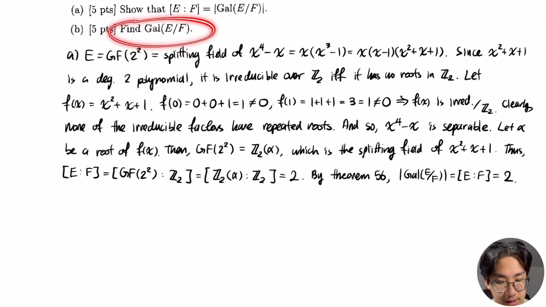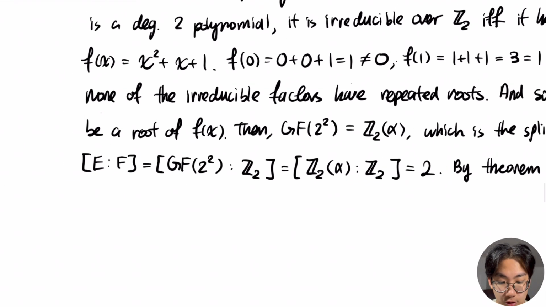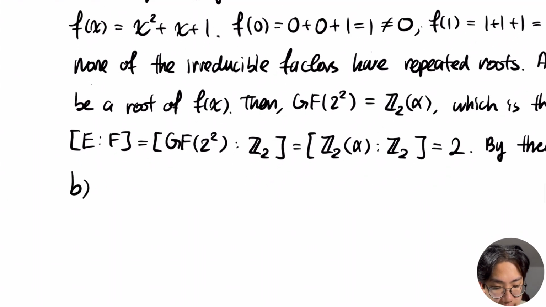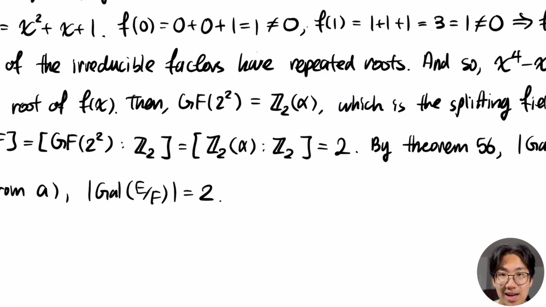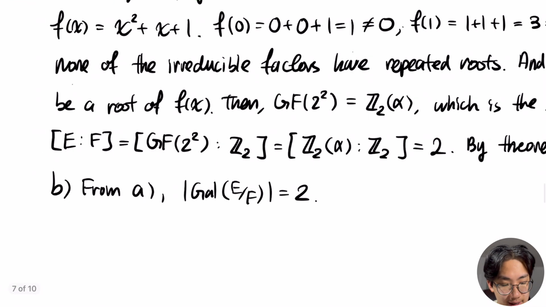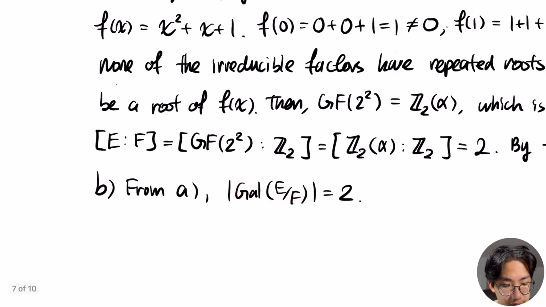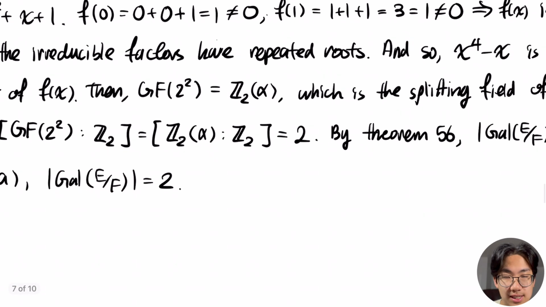Right, so part B, we're just looking for the Galois group itself, so Galois of E over F. Right, so from part A, we have that the size of the Galois group, E over F, is just equal to 2. And since Z2 only has 2 elements, and just from group theory, we know that's the only group with 2 elements, we can just directly conclude that the Galois group of E over F is simply just isomorphic to Z2.